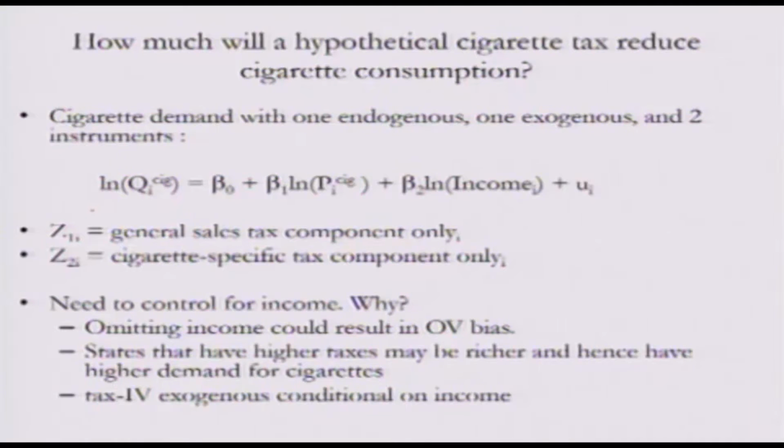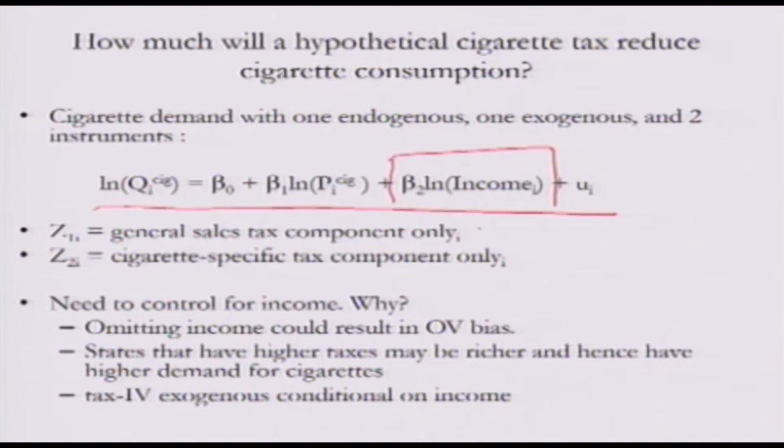And so this is just a revised form of the equation that you saw that includes income. So for now we would just assume that there is this additional exogenous variable in the regression, but I'll just tell you in a bit why we need to include income in such an estimation.